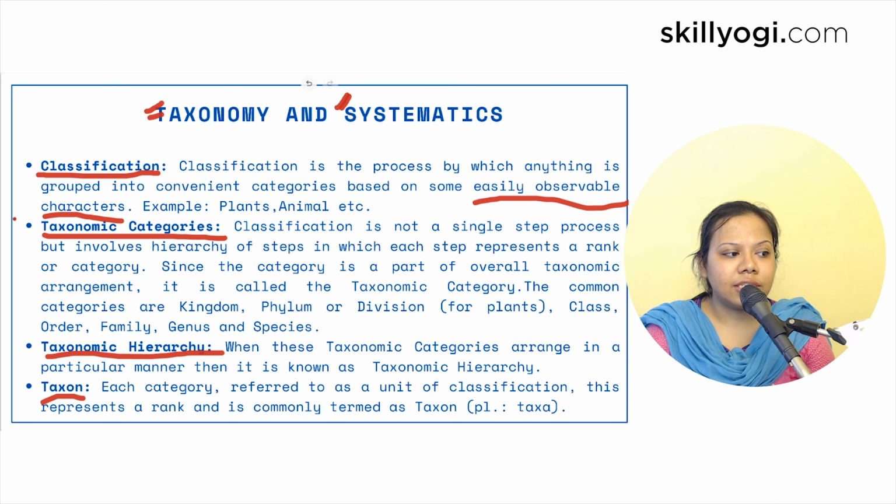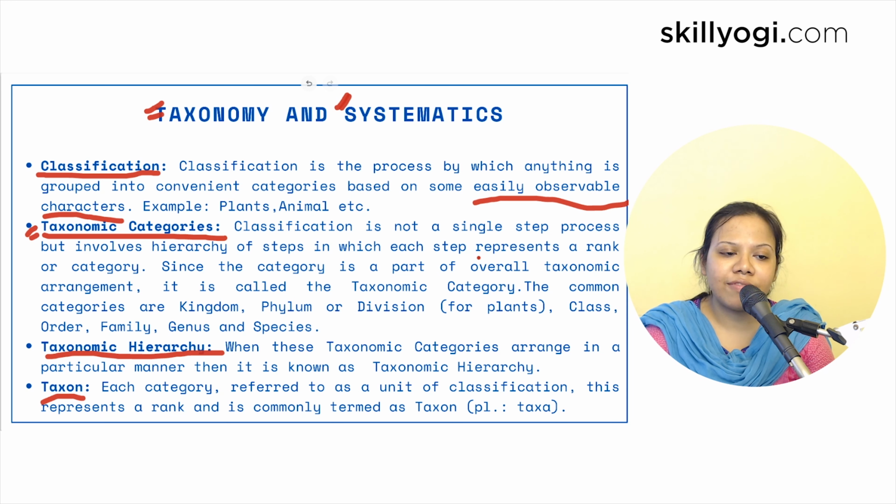The second one is taxonomic categories. What are taxonomic categories? Classification is not a single step; in classification there are multiple steps. When we arrange the species, certain steps are present in taxonomy.